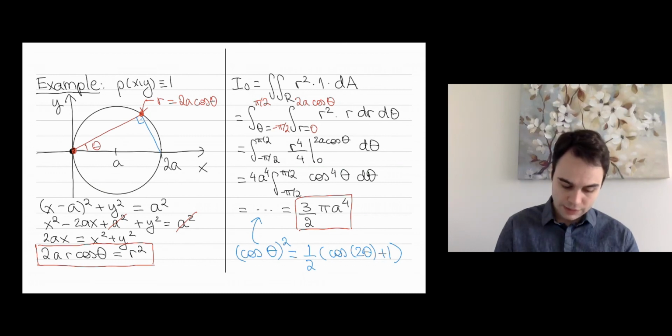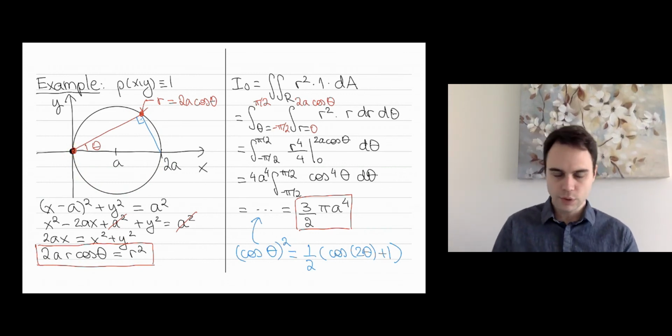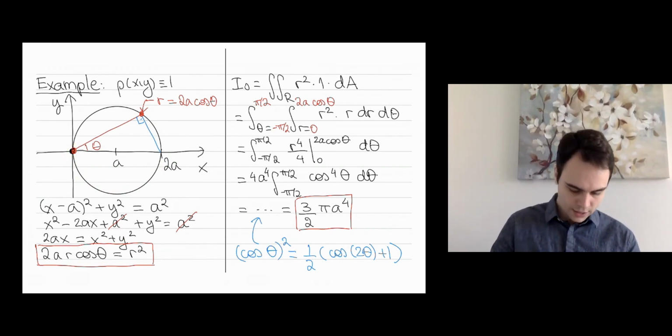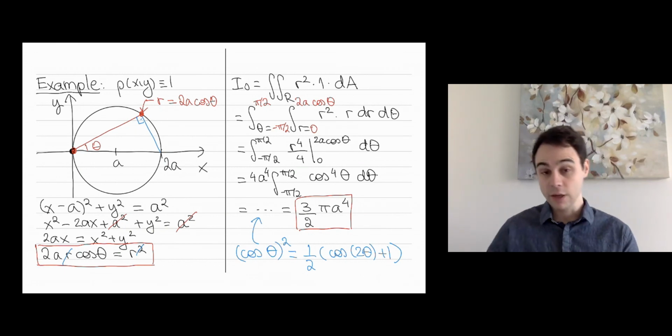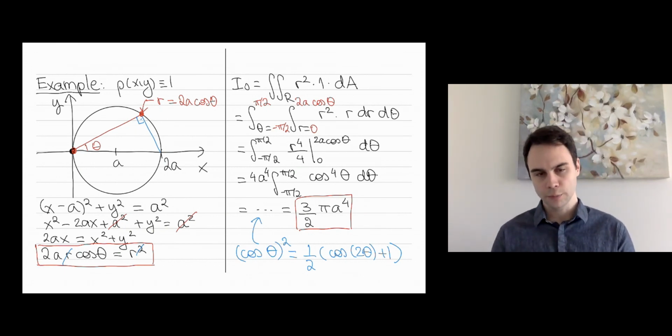So the circle is really the set of all points in the plane where this equation is true. Now, away from the origin, the equation in the box remains true if I divide by r.